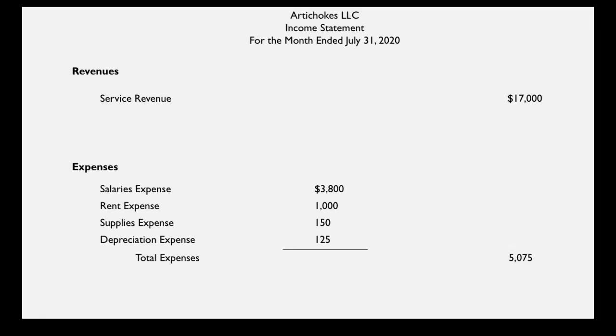So now we have our total revenues of $17,000, our total expenses of $5,075, and we can take our revenues minus our expenses to get our net income of $11,925. So the reason that we prepared an income statement first was because we need this net income amount over on our owner's equity statement.